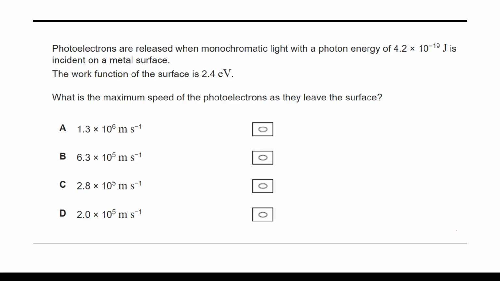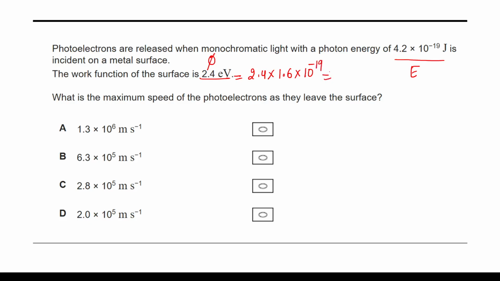Now, let's just do one question here. Electrons are released when monochromatic light, meaning single wavelength, with photons of energy, falls on the metal. So the energy of each photon is this much. Work function, now see, they've given the work function in electron volts. You need to first convert it into joules by multiplying it with the charge of the electron, that is this.